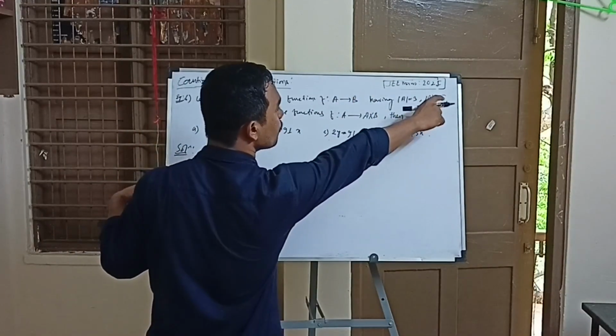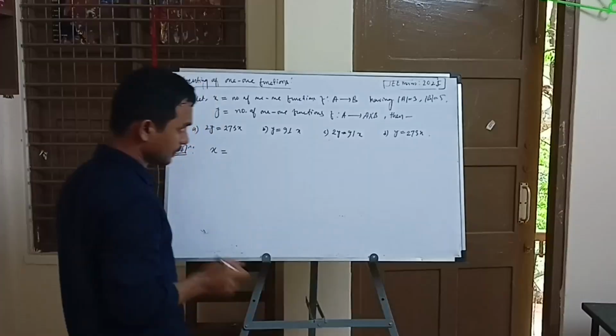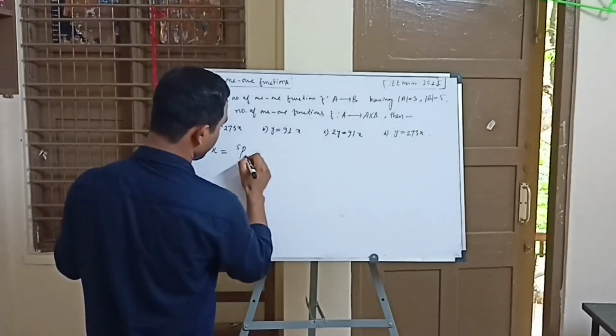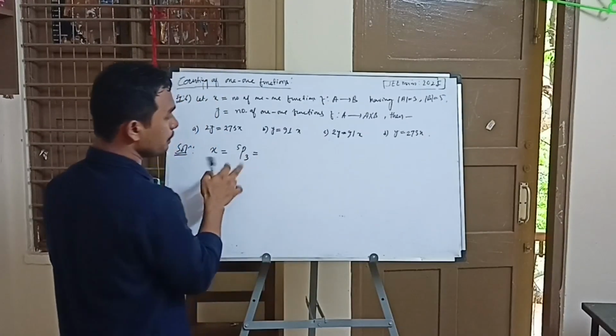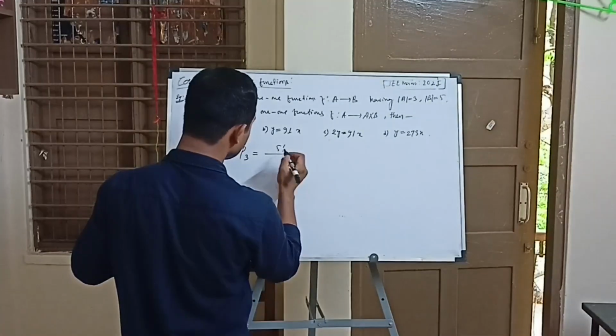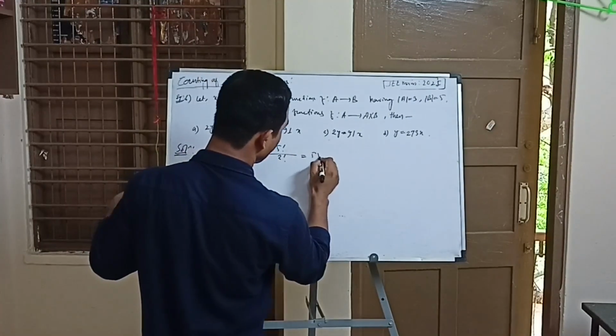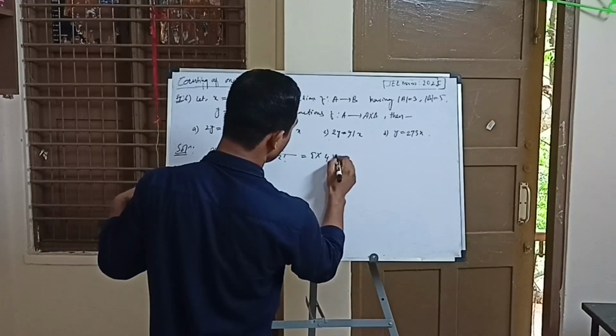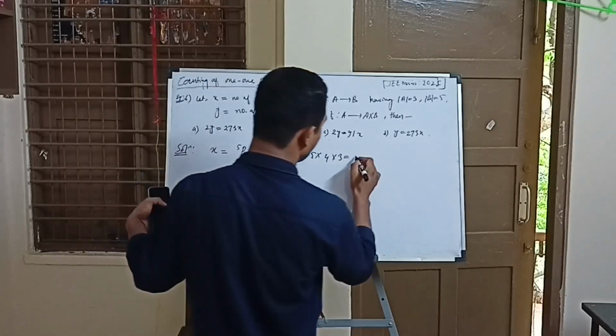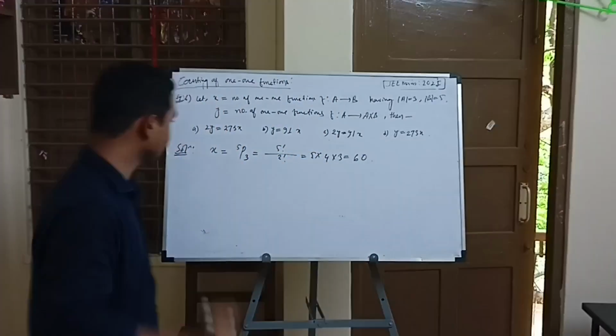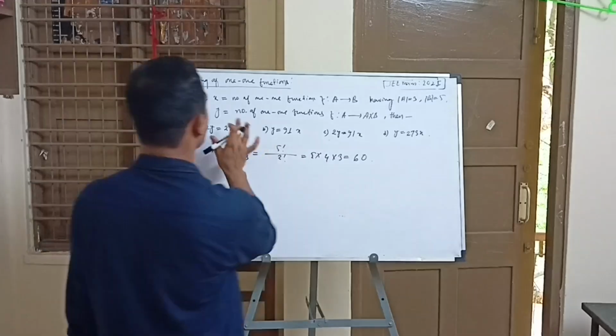X is what? Number of one-one functions from A to B. The cardinality of B is 5. The cardinality of A is what? 3. So 5P3. How much? 5 factorial by 2 factorial, 5 into 4 into 3, 60. Correct? Okay.